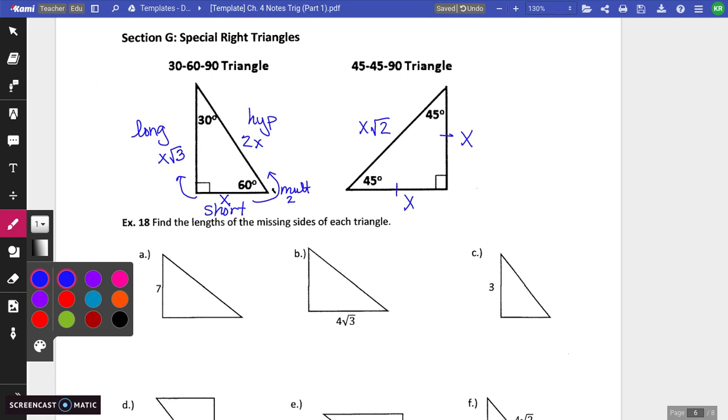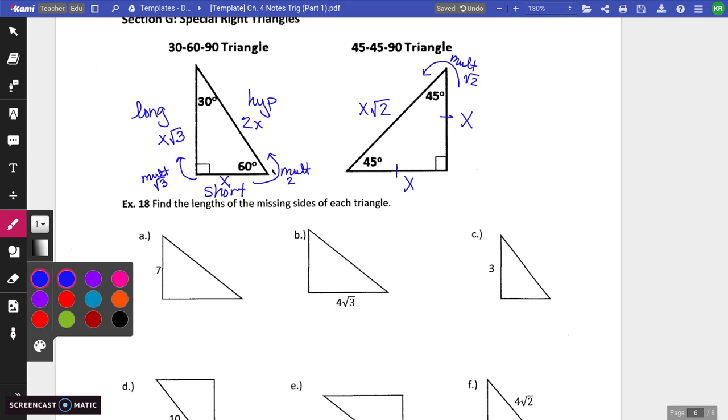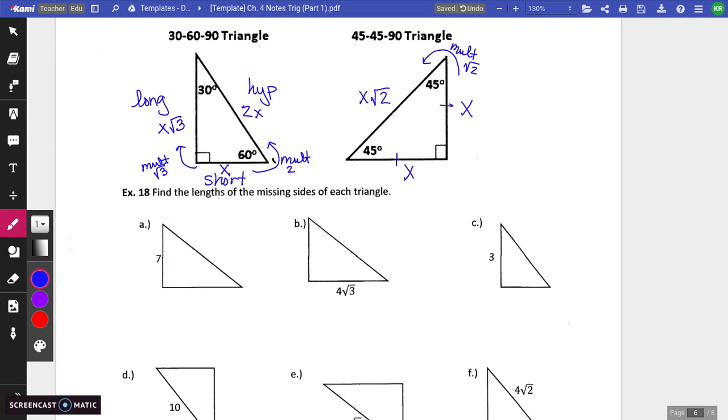Short leg to long leg, you multiply by square root of 3. If I'm going the other direction, reverse it and divide by square root of 3 or divide by 2. Same thing with your 45, 45, 90. From leg to hypotenuse, you multiply by square root of 2. From hypotenuse to leg, reverse it and divide by square root of 2.